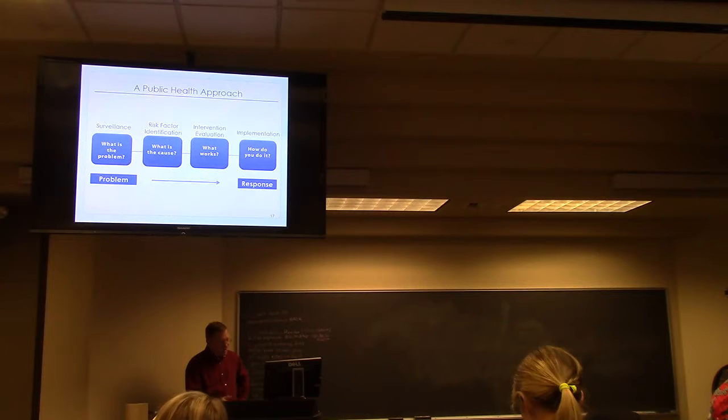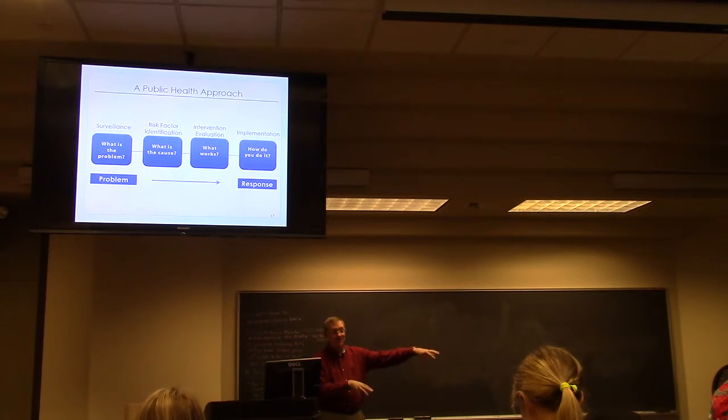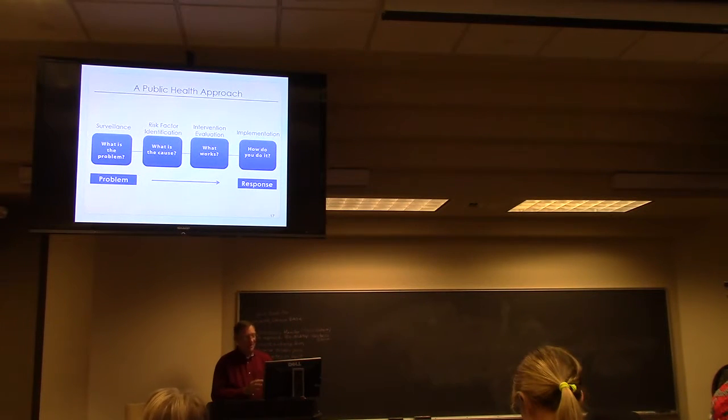A process is usually used by public health people when they do it. First one is defining what is the problem, so that's where surveillance comes in. This is a class all by itself, surveillance methodology and techniques. But public health will evaluate what is the problem by doing surveillance. That's part of it. Risk factor identification is another. What is the cause?